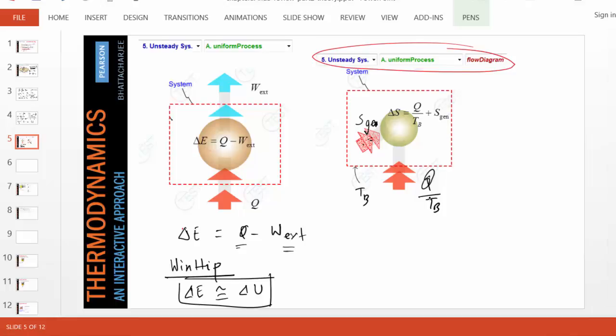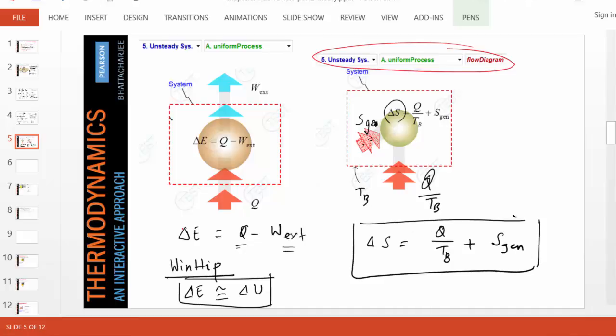So because of the two reasons, Q over TB and entropy generation, the entropy of the system changes. So delta S, the change in the system entropy, equals the entropy that comes in by heat plus entropy that's generated. So this equation can now be physically understood.